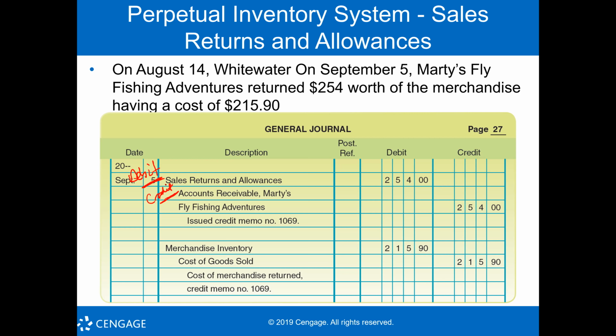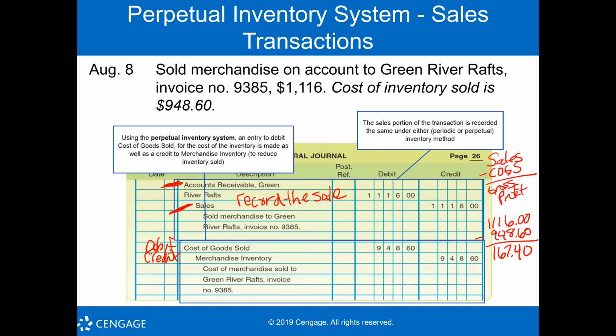But again, you can think, we've got to put this merchandise back on our shelves. We've got to add it back to inventory, take it away from cost of goods sold, since in fact, it's not sold now, it's been returned. So that's where we have now this debit to merchandise inventory, credit to cost of goods sold. And so if we go back real quick, when we sold the merchandise, we debited cost of goods sold, we credited merchandise inventory, right?